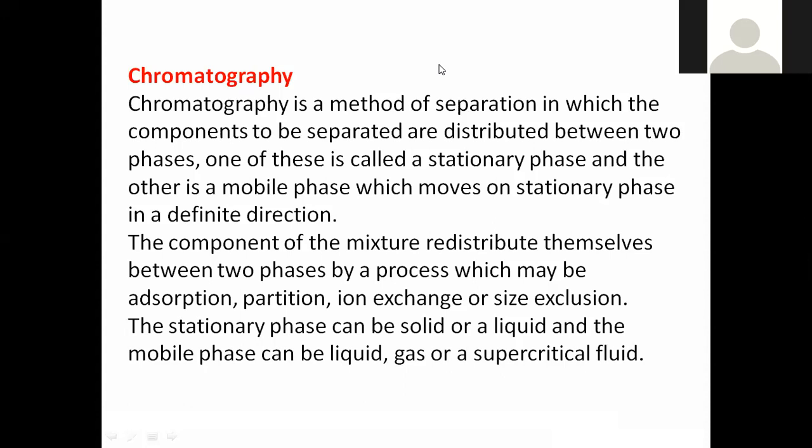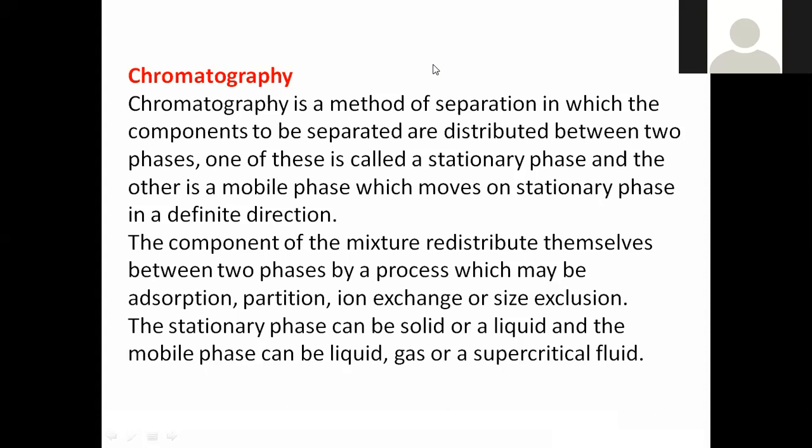In any chromatographic system, there are two phases. One is the stationary phase and the other is the mobile phase. Depending upon the nature of the compounds to be separated from one another, we can choose different types of stationary phases and different types of mobile phases, and they are separated on the basis of different properties.